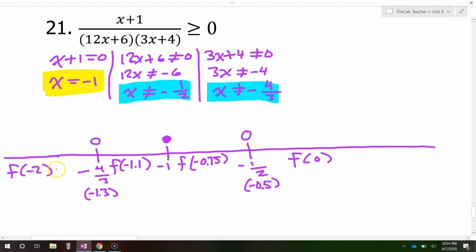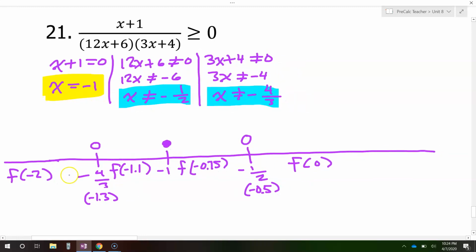If I plug in negative 2, in fact, this is what I'm going to do. I'm going to do these calculations and just erase them. If I plug in negative 2 for all the x's, that's going to give me negative 2 plus 1, and I'm going to have 12 times negative 2, plus 6, times 3 times negative 2, plus 4.